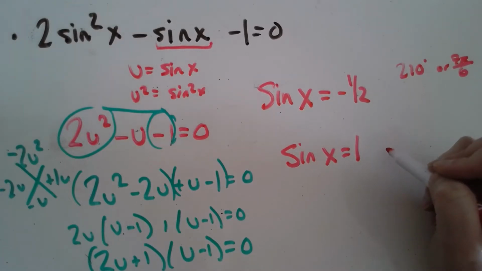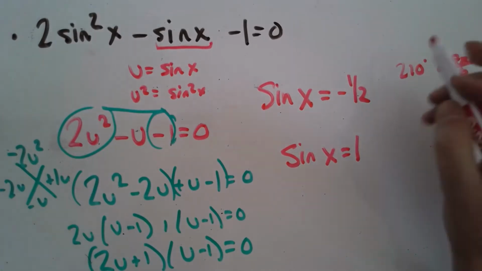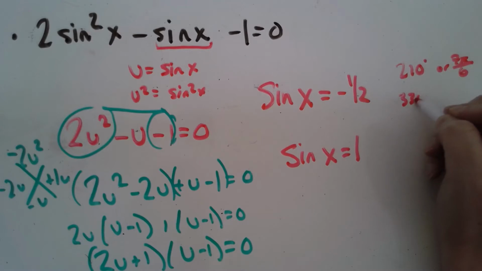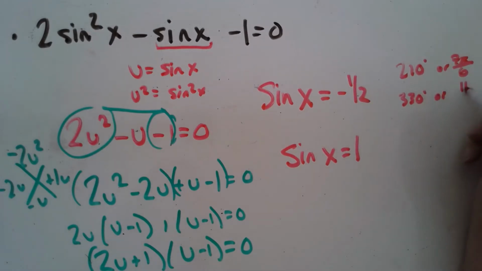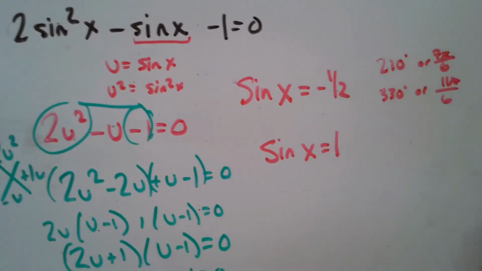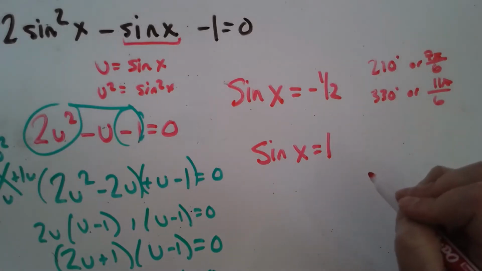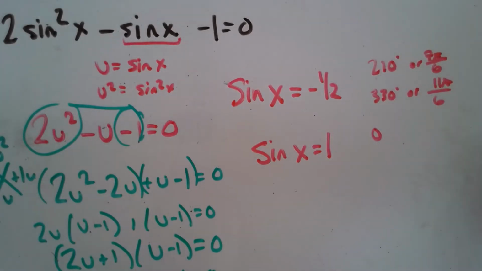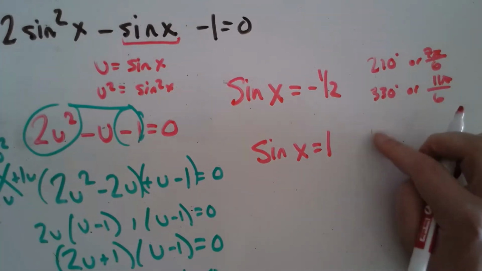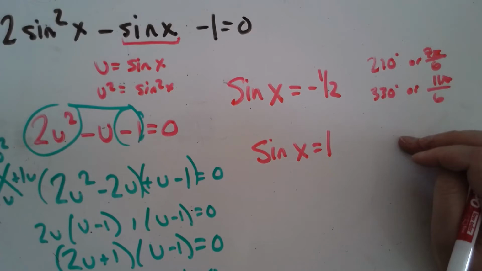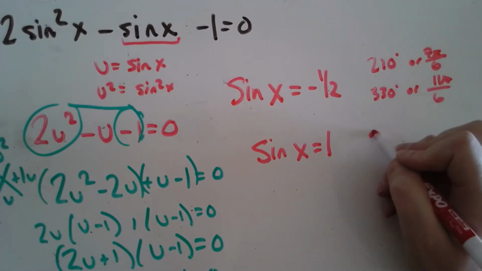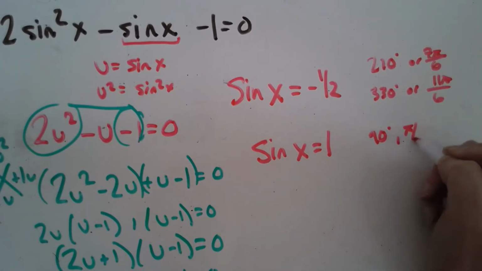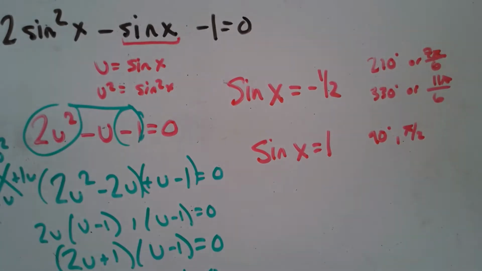And sine is, oh wait, there's another negative 1/2. 330 or 11 pi over 6. Sine is 1 at 0 degrees or radians. Nope, I lied. Sine is 1 at 90 degrees or pi halves. I was looking at cosine.